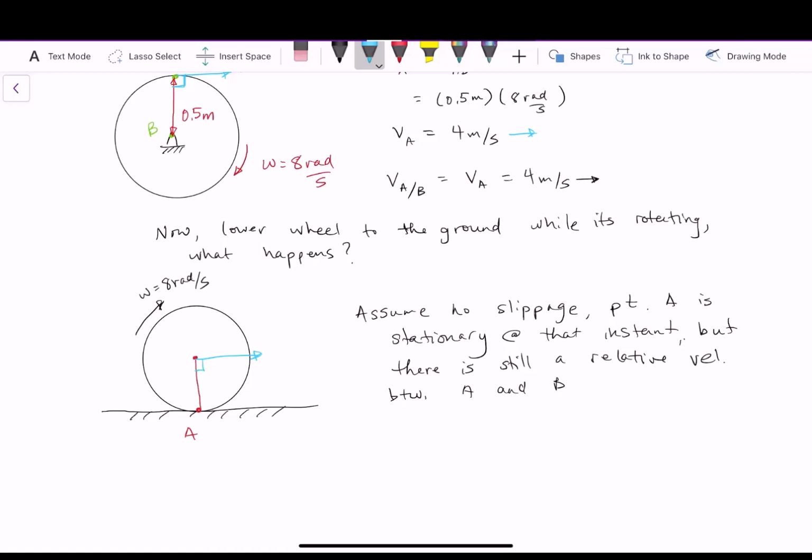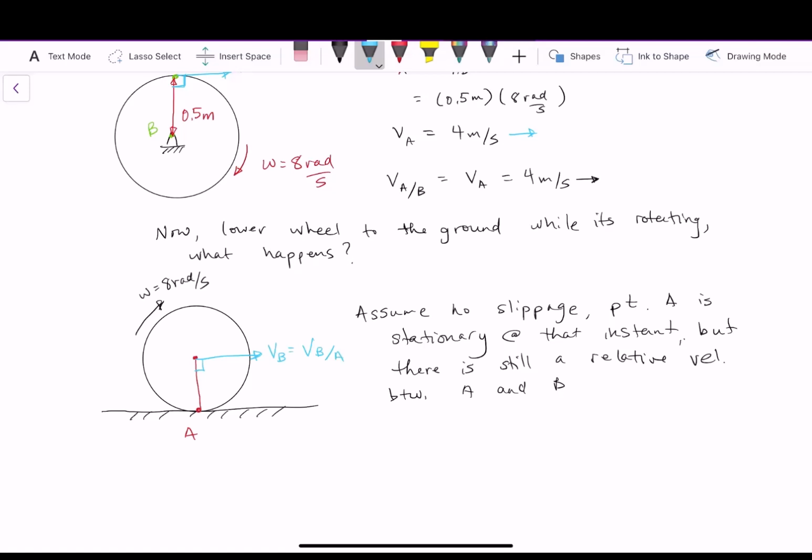And you would do the same calculation. It's going to be the radius arm times its angular velocity, which just means in this case that VB is equal to the velocity of B with respect to A instead.